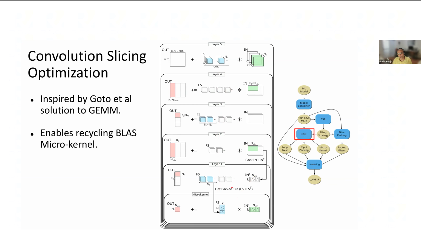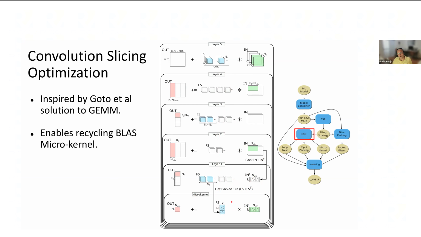I'm not going to go deep into the details of this, but each one of these layers here corresponds to a for in a loop nest. And what the CSO strategy does is basically synthesize this loop nest. At the bottom here, the last layer is the use of your microkernel.